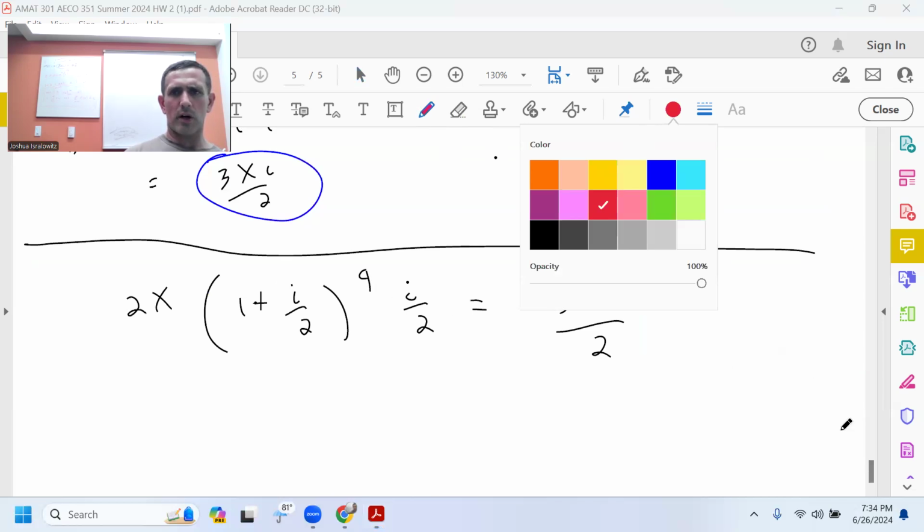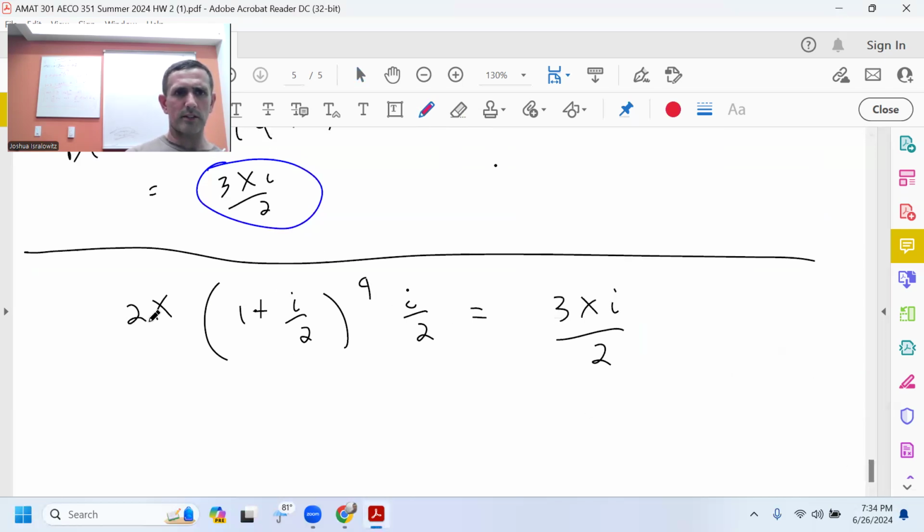Okay, so what cancels? The x cancels, the I's cancel. You can even cancel the 2's here. So you're left with 2, 3/2. I'll keep it as red, because why not?